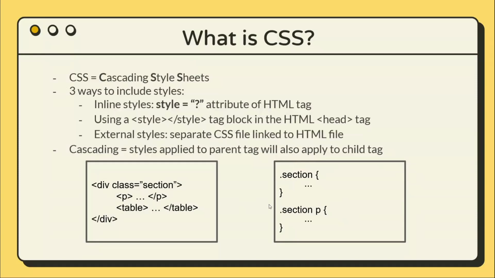Each one of these sections here, the dot section just refers to the section class that contains... So this would be where, in between the two curly braces here, you would put your style elements, and that would apply to the section parent class.